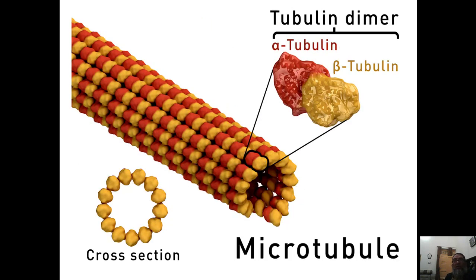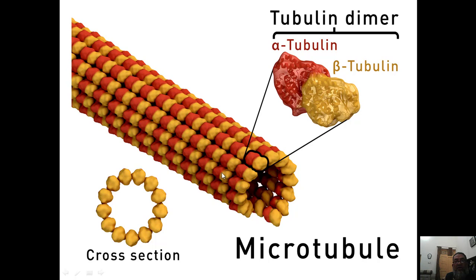This diagram will perhaps clear your concept. This is the cross section of a beta tubulin. Now count: these are 13 subunits that form a ring, and this ring will alternate with the alpha tubulin ring. So this will be a plus end, this will be a negative end.